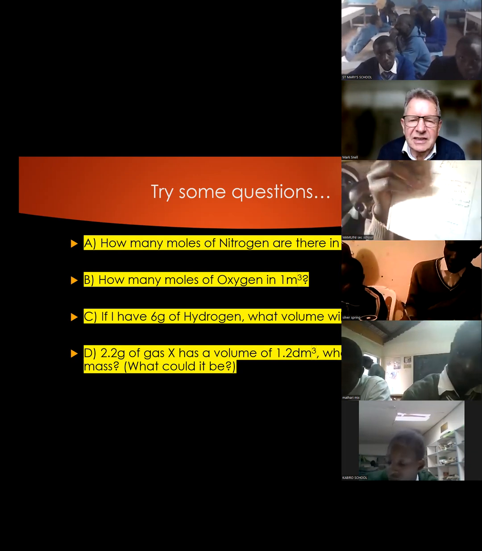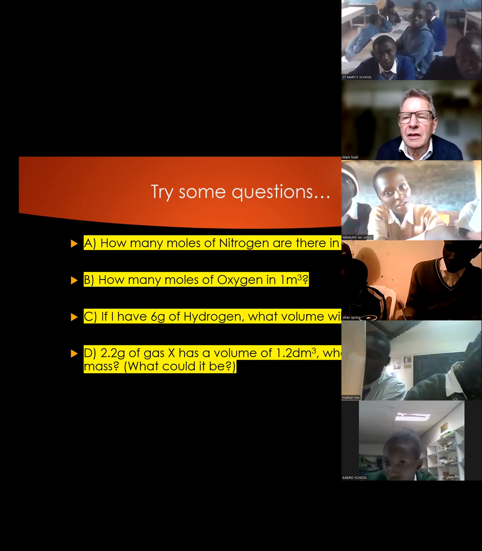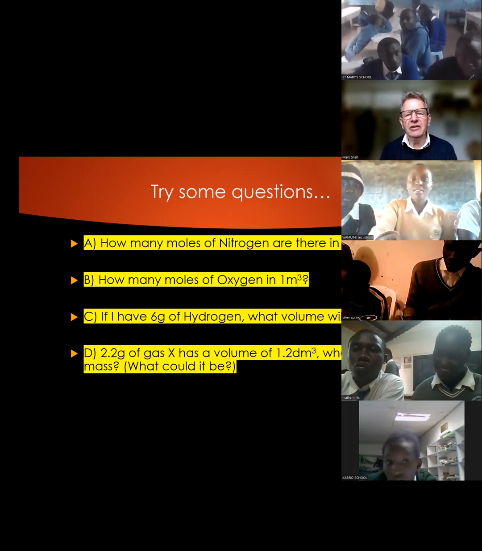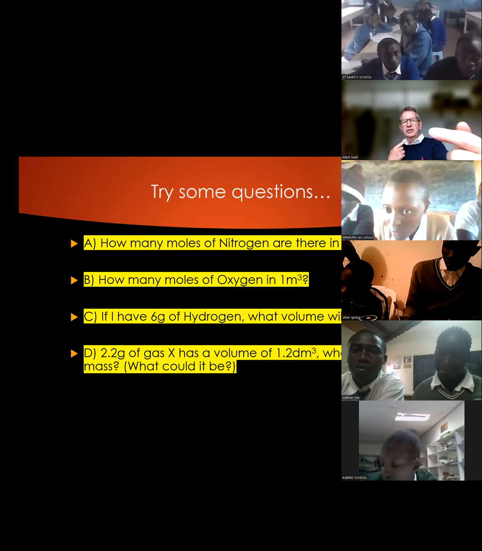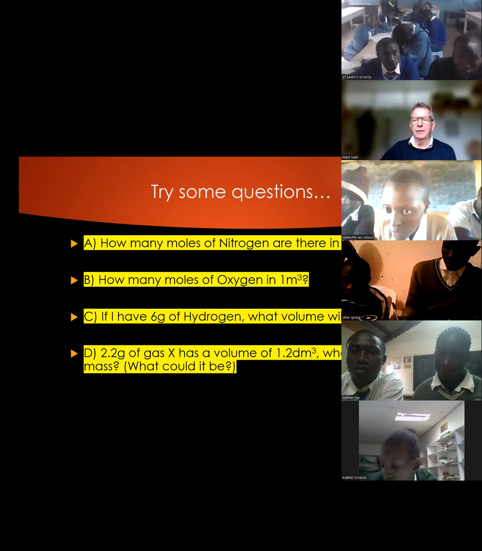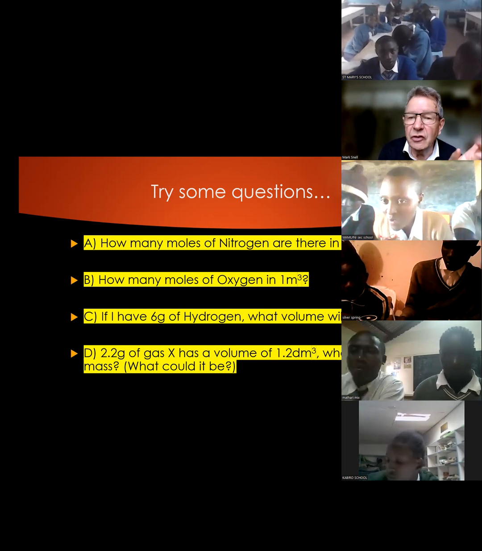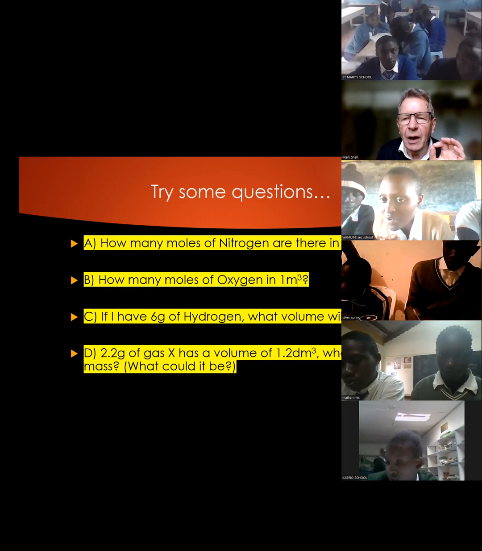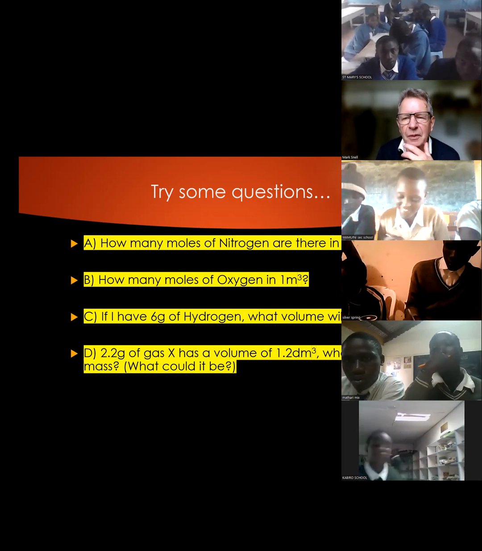You need to work that out. A cubic meter will be 100 centimeters times 100 centimeters times 100 centimeters. So that will be 100 times 100 times 100, which is 1,000,000 cubic centimeters. How many cubic decimeters is 1,000,000 cubic centimeters?